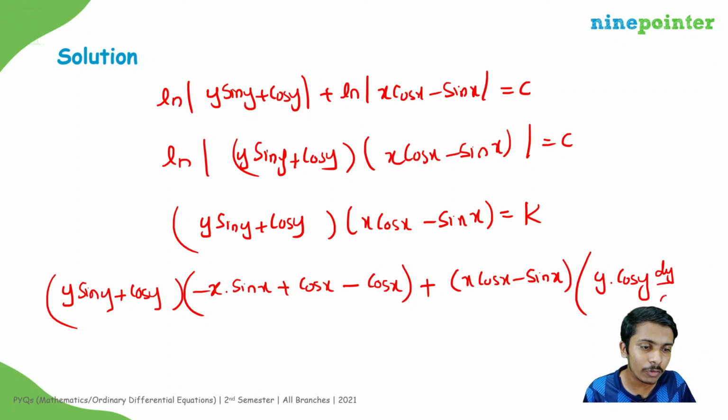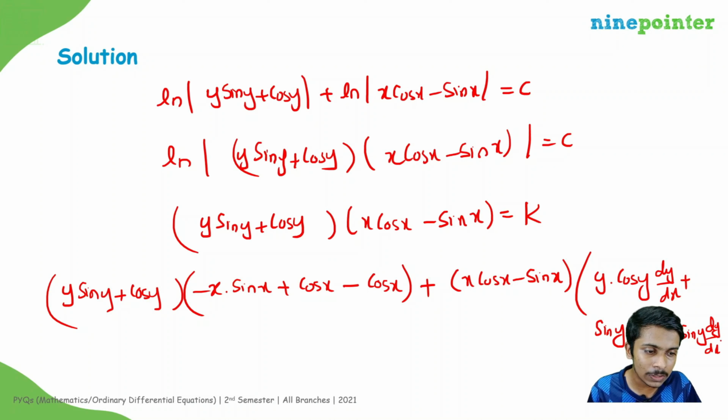Remember, there will be a dy by dx also, plus second function, that is sin y, into the derivative of y, which will be simply dy by dx, and there is a cos y whose derivative would be minus sin y dy by dx, and this being equal to 0.